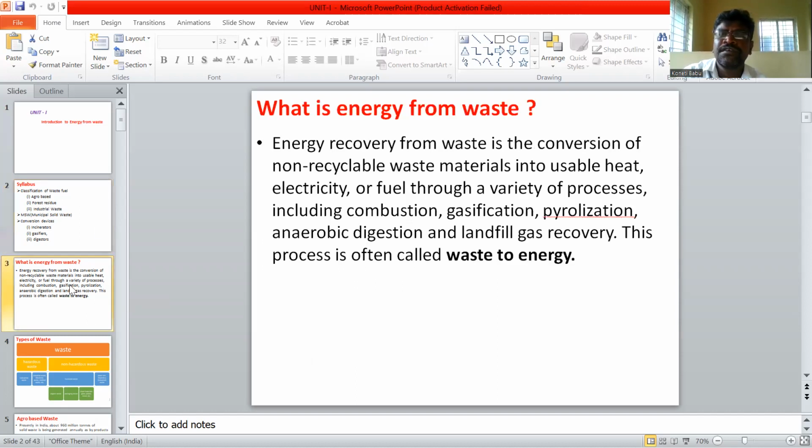Next, we are going to discuss what is energy from waste, or what is the waste to energy conversion process.